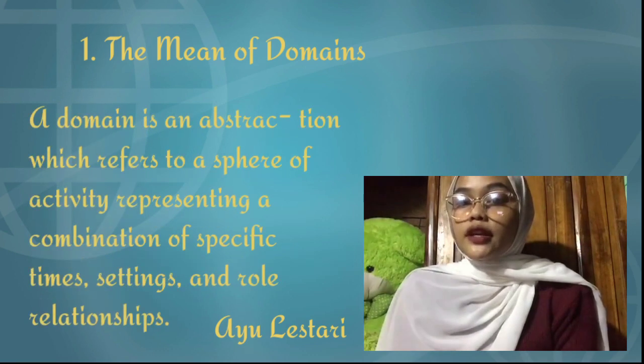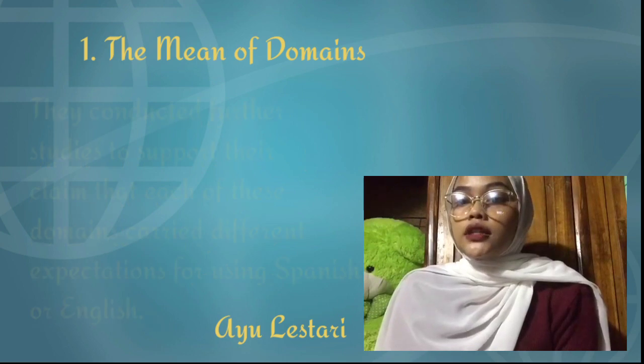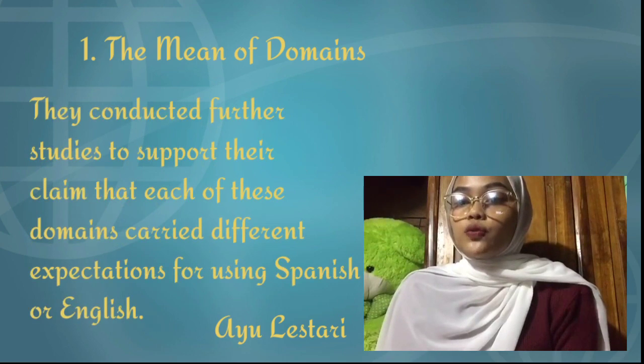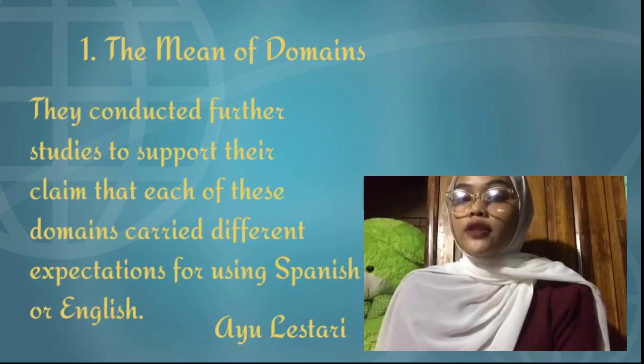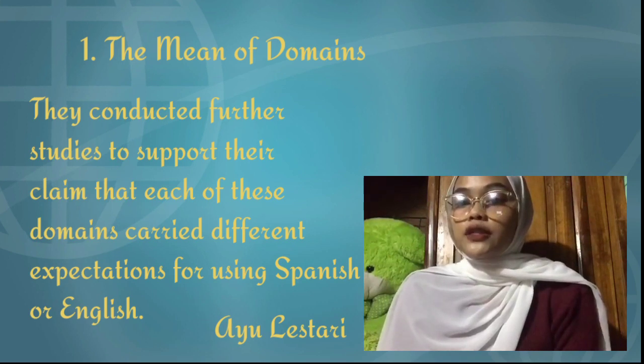A domain is an abstraction which refers to a sphere of activity representing a combination of specific times, settings, and role relationships. They conducted further studies to support their claim that each of these domains carried different expectations for using Spanish or English.